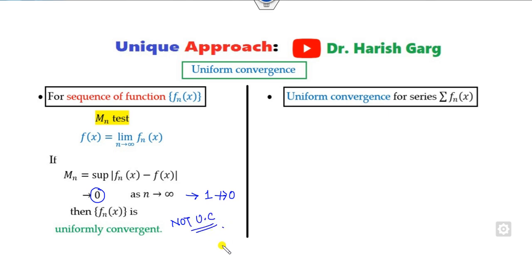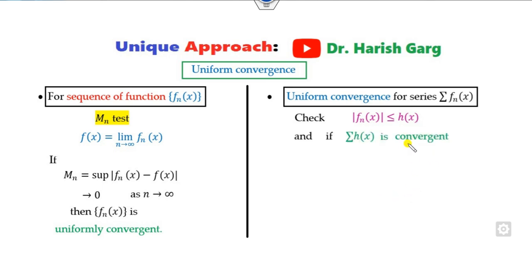On the other hand, whenever you are talking about series, you always find some series Mn which bounds |fn(x)| and prove that this is convergent. How do you prove that the series is convergent? You may apply the root test, the ratio test, the nth term test, the p-test, the geometric series test, or any one of them.